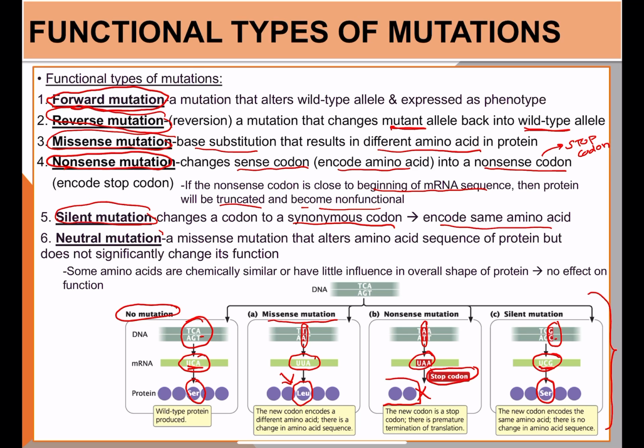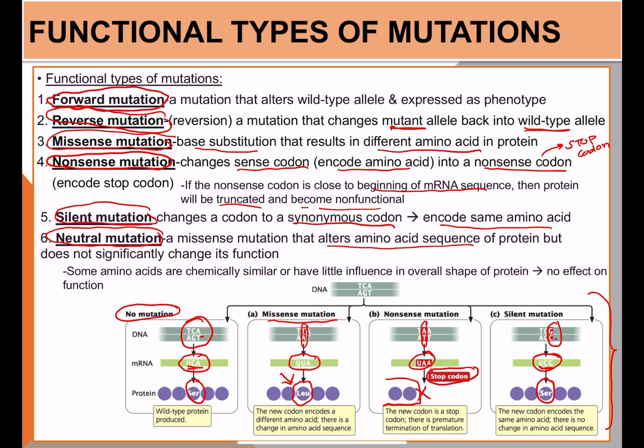Now, a neutral mutation is a missense mutation that does alter the amino acid sequence, but it does not significantly change its function. Some amino acids are chemically similar, okay, and that's why sometimes they may not have an effect even though there was an amino acid change.